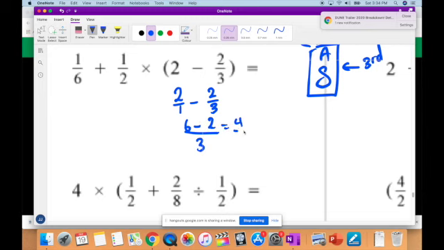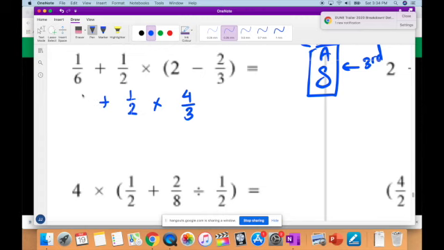And they get the answer 4 on 3. But you did it in the more mature way. You recognized that 2 could be seen as 6 over 3 minus 2 over 3. And you get back the same 4 over 3. So in the brackets here we have 4 over 3.